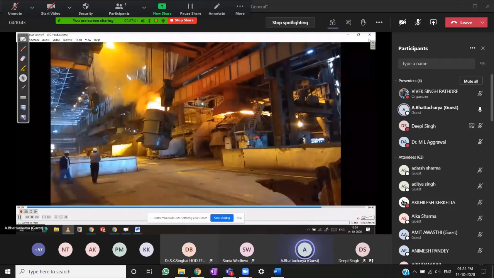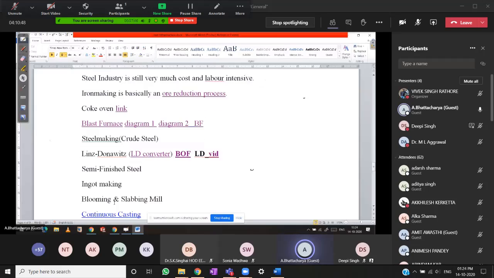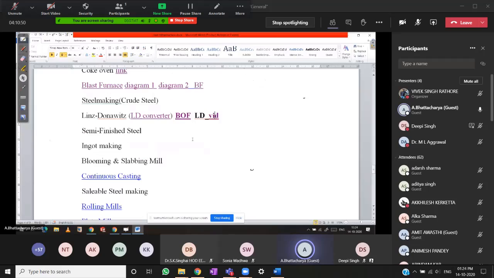So this is how the LD vessel is working. Steel is made here, and this is called semi-finished steel. Those intermediate steels are made from here.